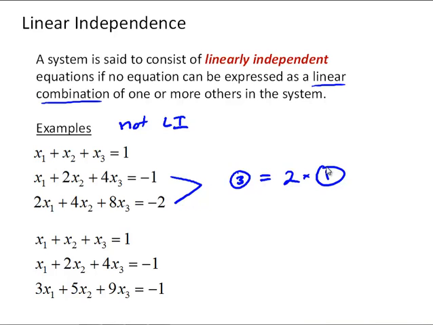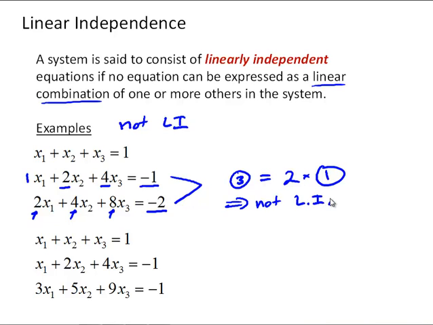In other words, the coefficient for x1 is twice the coefficient of 1 here. The coefficient for x2 is twice the 2. The coefficient of 8 is twice the 4. And the constant on the right hand side, -2, is twice -1. So this makes this system not linearly independent.